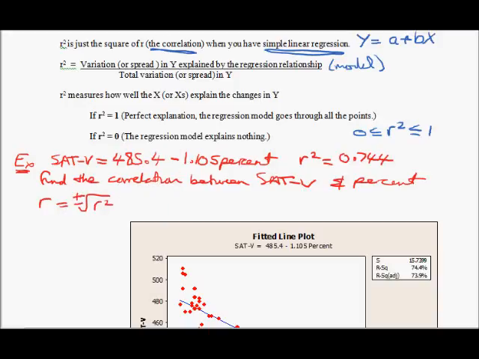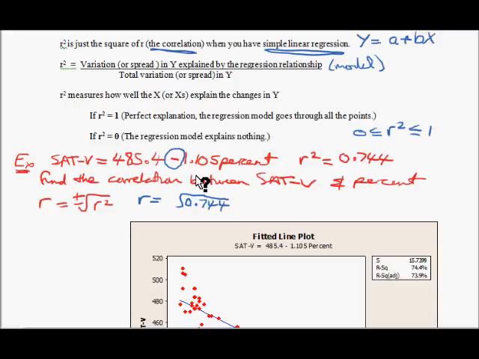So for this example, we're going to have r equals the square root of r squared, 0.744. But the question is, do you want the positive or negative square root out in front here? What gives us that is the sign of the slope.